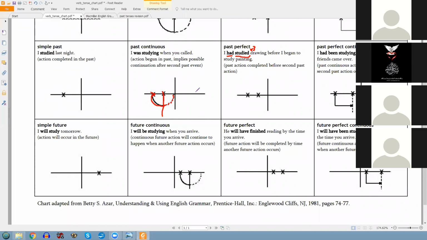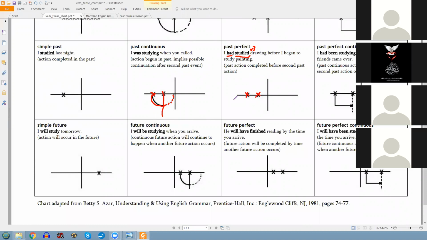No, I mean, you can see from the picture, we've got 2 completed past actions, 1 and 2. So we've got some sequence. Does anybody want to try and tell me why we use this or what it's for?